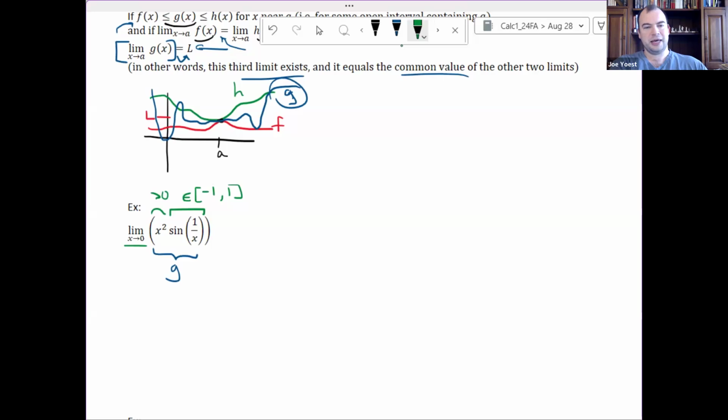Well, that means the biggest that the sine function's output can be is +1. So the biggest that the g function can be is x squared.